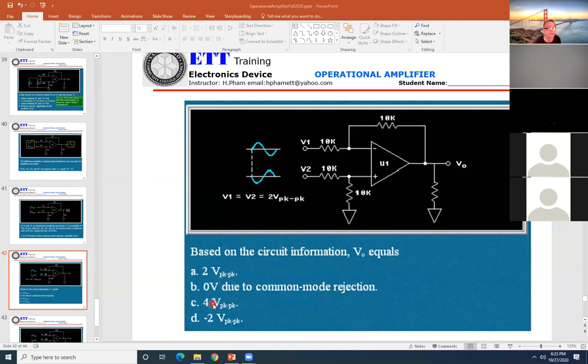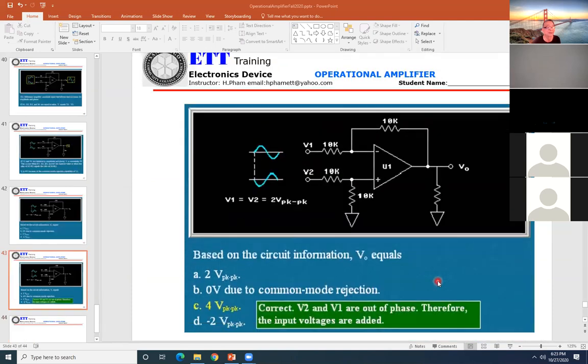One said 2 volt, you said 4 volt. The answer will be 4 volt. Mr. Pham, so we got 2 for V1 and 2 for V2, you add them both up and that is how you got the 4? Right.